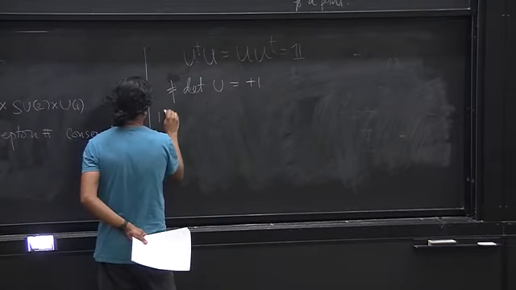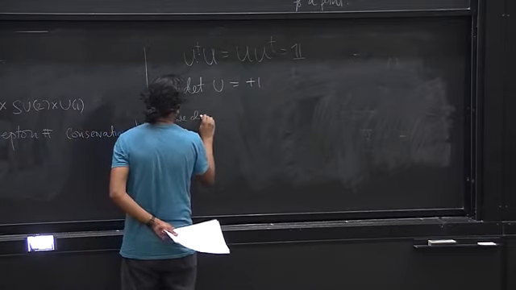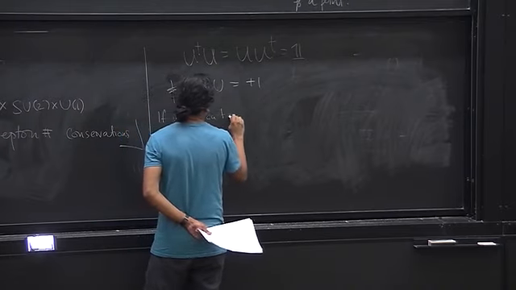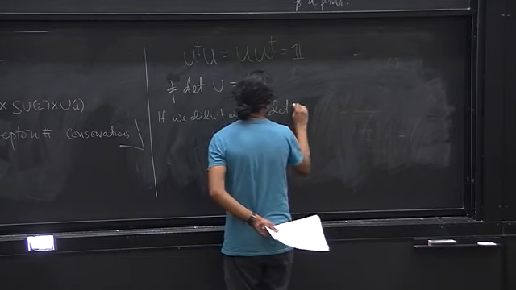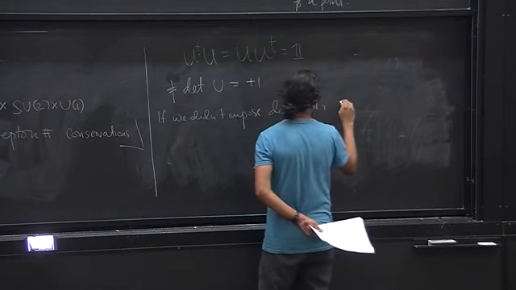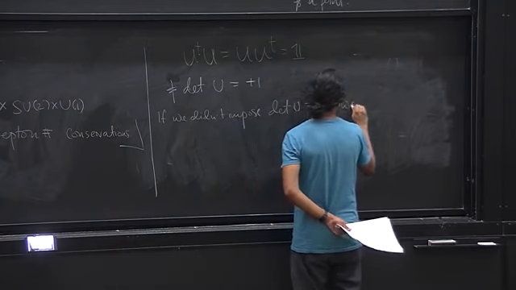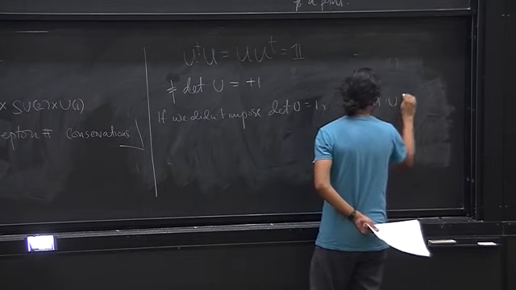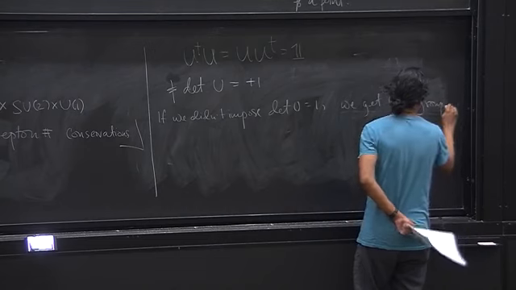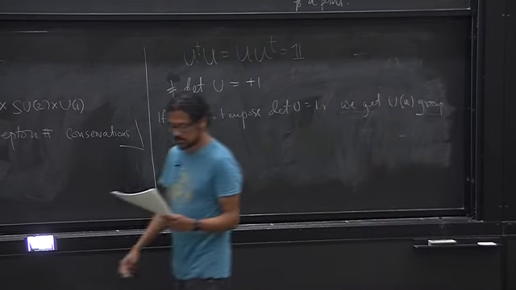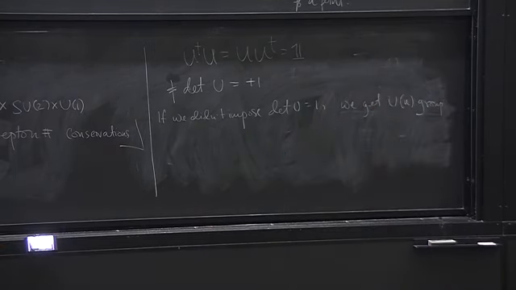If we didn't impose this condition, we get the UN group. Nothing to do with the United Nations. Okay, what is the dimension of this group?